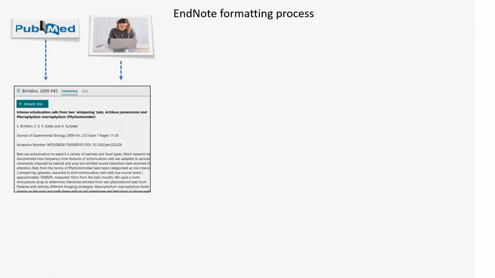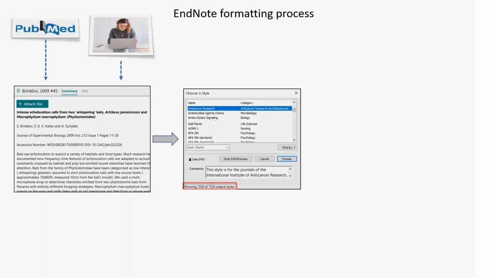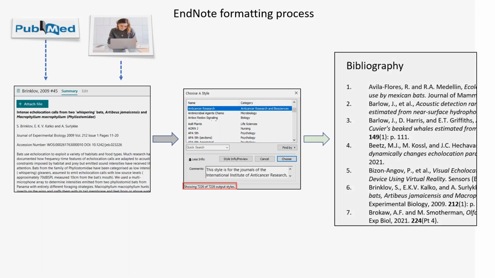So you start by adding it manually or downloading it from an online database. Now, that reference information in combination with the output styles, and you can see here in the box in red that there are more than 7,000 output styles. Those two in combination decide how your reference or bibliography will look, because it differs.